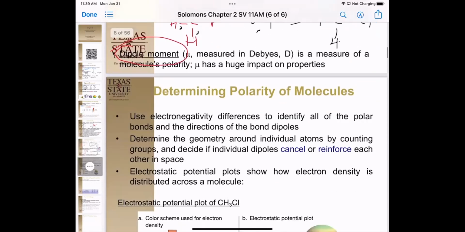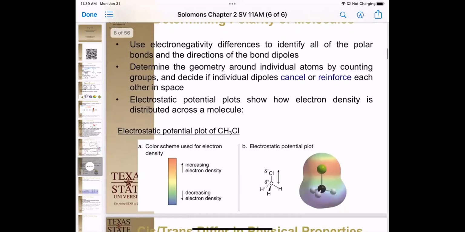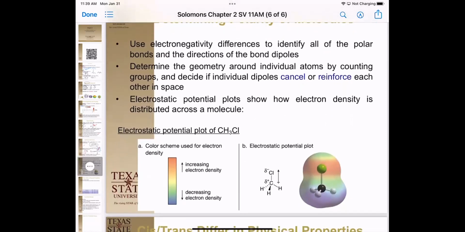All right, so when we think about this, it's going to tell us a lot about what kinds of compounds dissolve in other compounds. It's going to give us our intermolecular interactions, reactions between two molecules. And it all starts with looking at the electronegativity difference, okay?